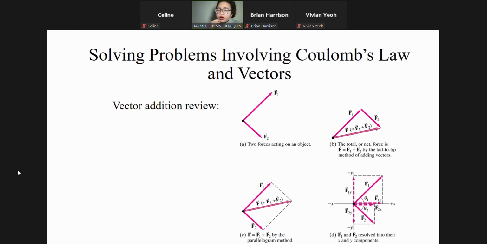So for the first one, you have letter A. Here you have two forces acting on an object, the F1 and the F2. In this case, to get the F net, or the totality of your forces, you simply add both of these and you'll get the F net.